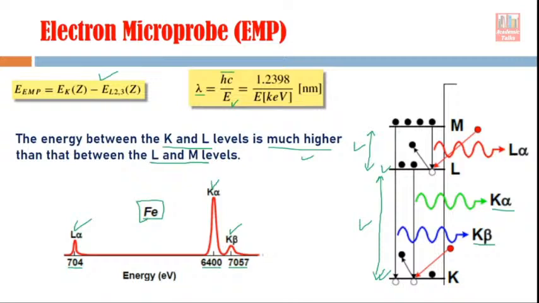The electron microprobe equipment produces that kind of signal when the electron beam interacts with the sample, and that signal can be used to check the presence of iron impurities in the sample material.